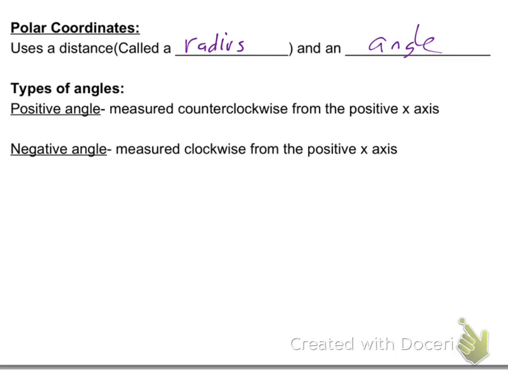Now, there are types of angles. There's a positive angle and a negative angle. Positive angles are always measured counterclockwise from the positive x-axis. Basically, guys, you always start here. You will always start at the positive x-axis, and if I go counterclockwise, I am going which direction?